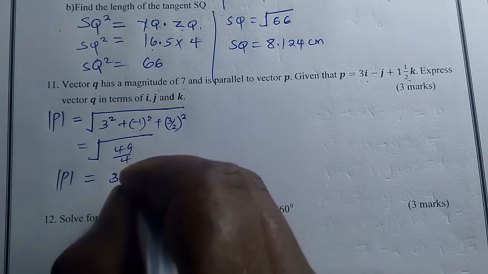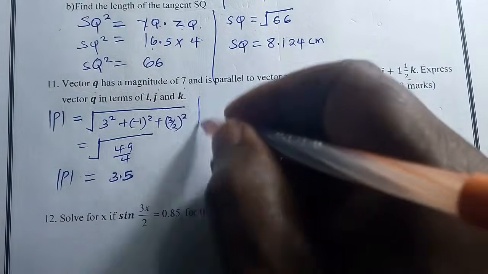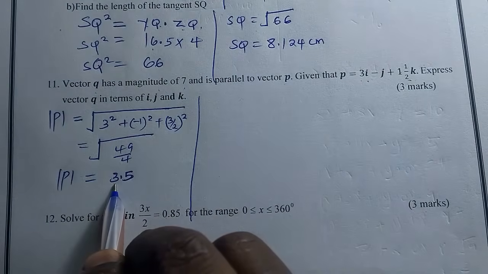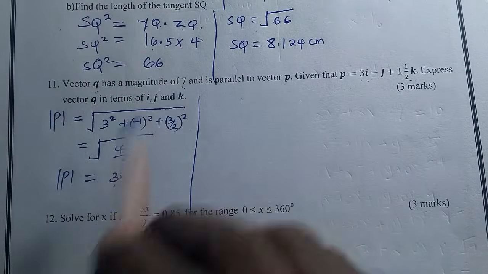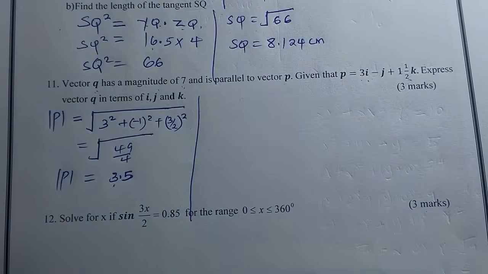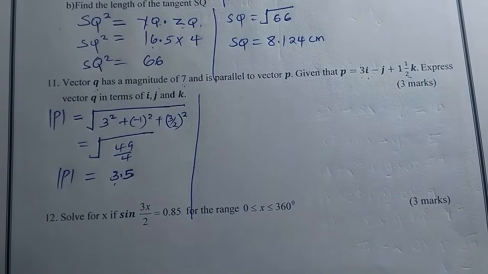Now we have the magnitude of P as 3.5, but the magnitude of Q is 7. But we know that if two vectors are parallel, one must be expressed in terms of the other. So one could be twice or thrice the other.